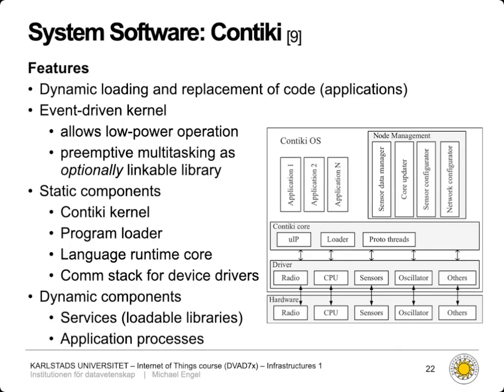Then on top, you can have applications, that's the stuff you provide yourself, as a value add to the whole system. And you can have node management, so you can have features like updating the software. You can configure your sensors for different features, configure your network, and manage your network data as part of Contiki. So it looks like this is a nice integrated solution for your IoT nodes.